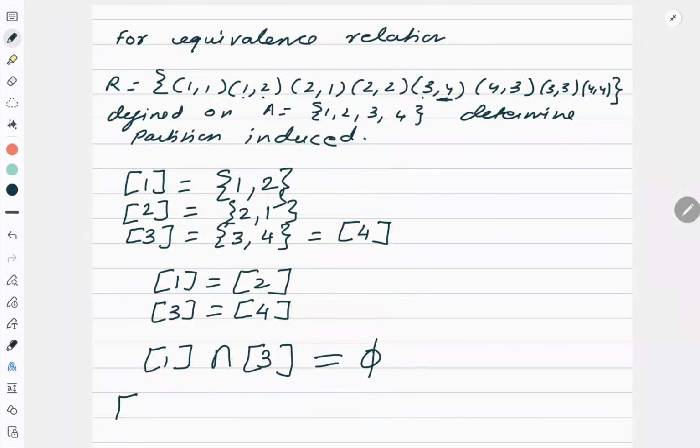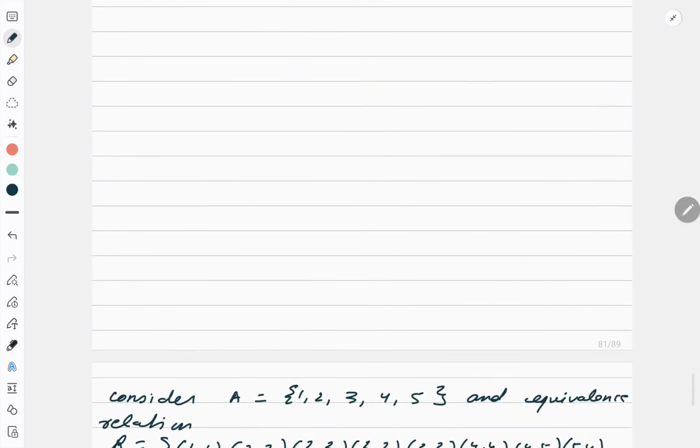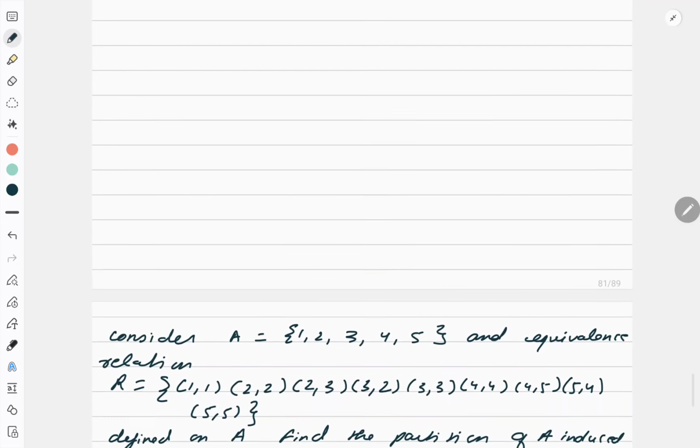And the equivalence class of 1 union the equivalence class of 3 is equal to {1, 2, 3, 4}, which is equal to A. So this is the partition induced by the equivalence relation. It is very easy to find the partition and it is a very important question: define partition and find the partition.